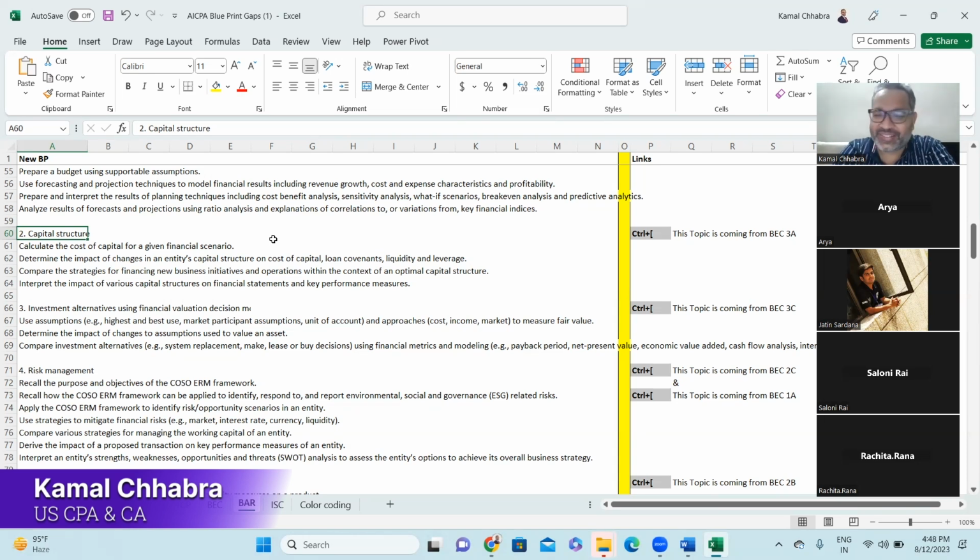What is a preference share? They are given preference at the time of payment, over equity. Yes, payment of dividend. But it is a share, with no voting. Rachita, you are saying something. Same as Kamal said, they are given preference over equity shareholders.